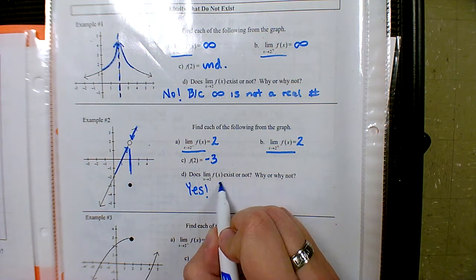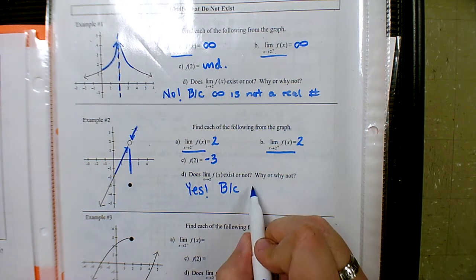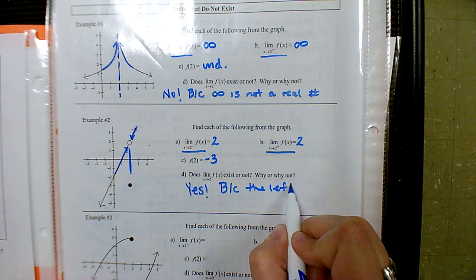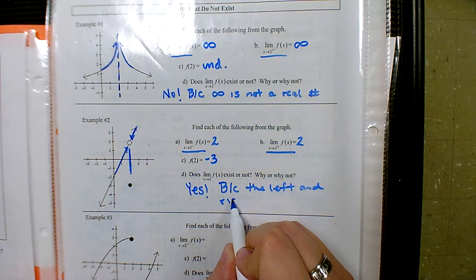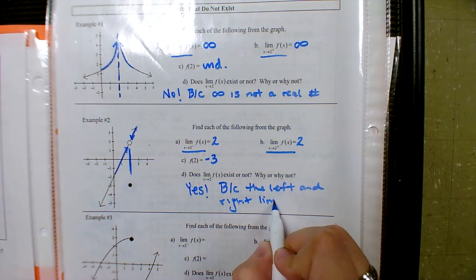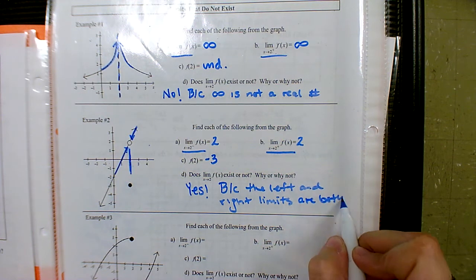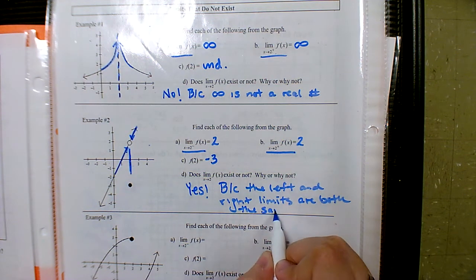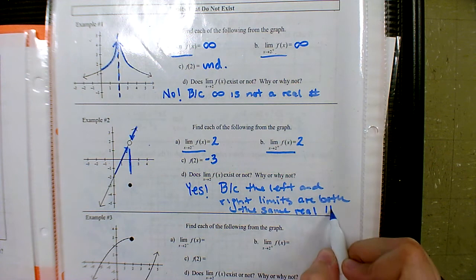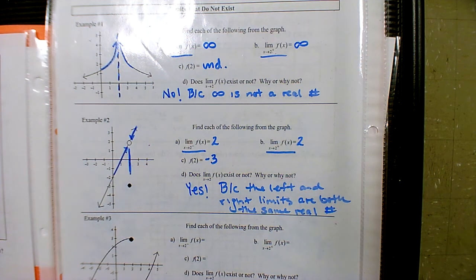Why or why not? Perhaps because the left and right limits are both the same real number. All right. The whole idea of a limit is what are you approaching. We don't care what's happening at that point. We care about what you are approaching at that point.